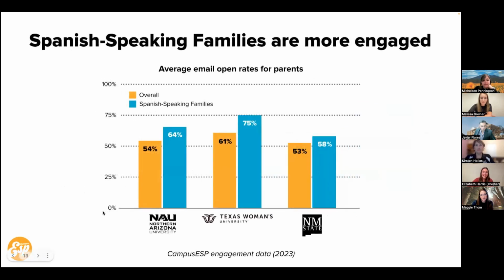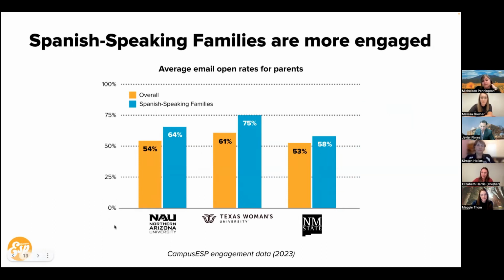And the data even shows that Spanish-speaking families are more engaged than the overall family population at all 3 of our participating universities today. Within their engagement rates in Campus ESP, you can see that Spanish-speaking families have at least 5% higher open rates.